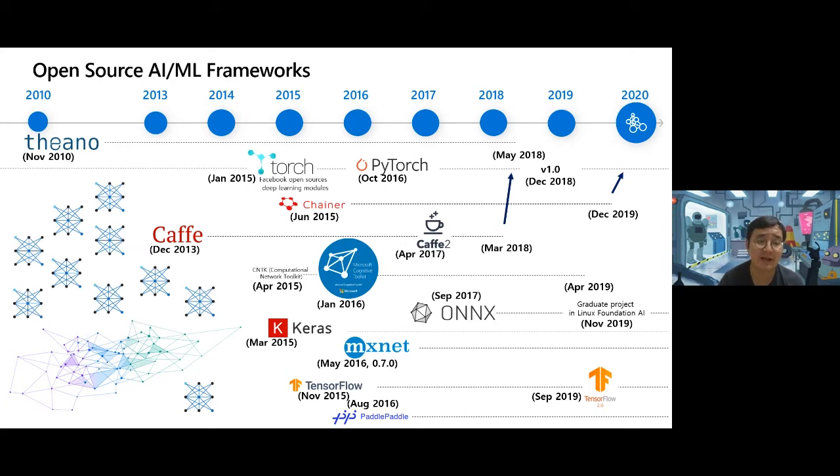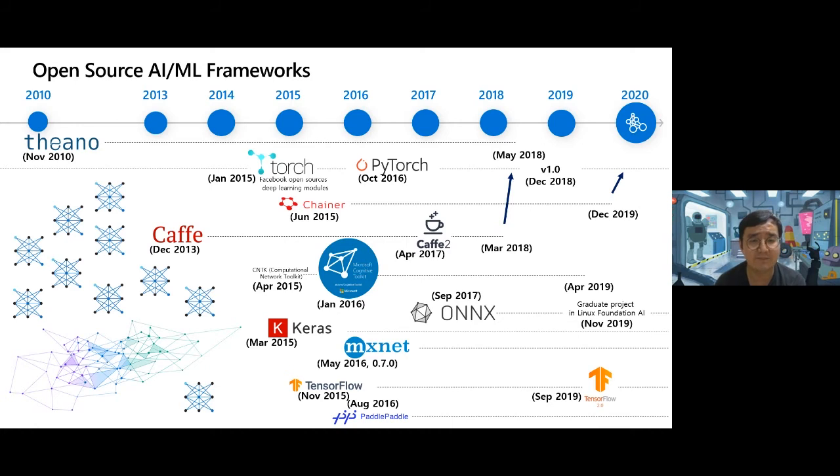For example, when deep learning first appeared, it was first demonstrated in many research contests, like ResNet or many other contests, and Theano was used as an open source to implement AI, machine learning, or deep learning functionalities.